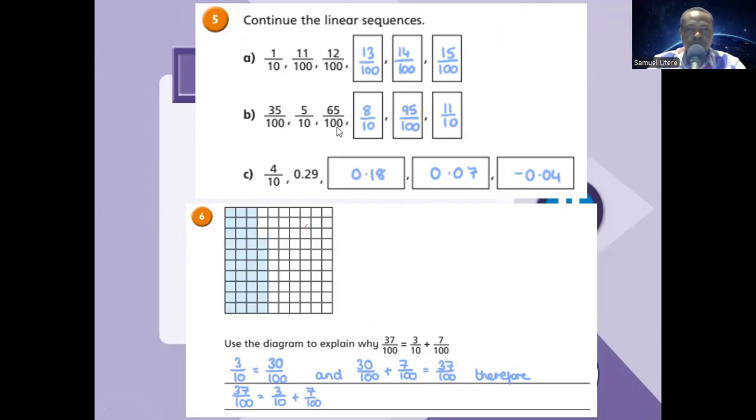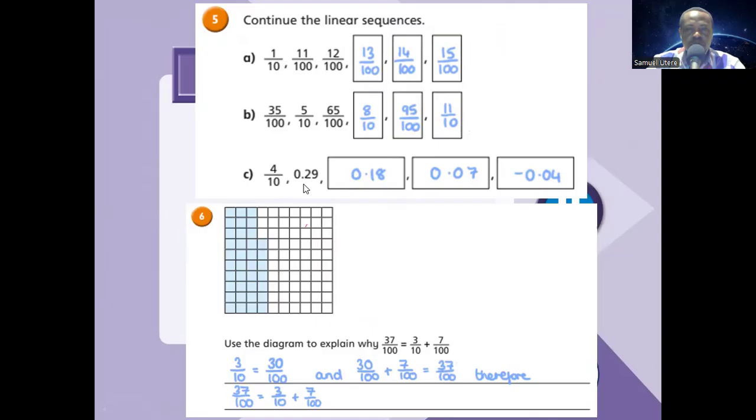So you can see that it's increasing by 15 every time. Okay. So that will be 80 hundredths. So if we follow the pattern, 80 hundredths is the same thing as 8/10. We add 15 to that, that will be 95 hundredths. If we add another 15 to that, that will be 110 hundredths, which is 11 tenths, sorry.